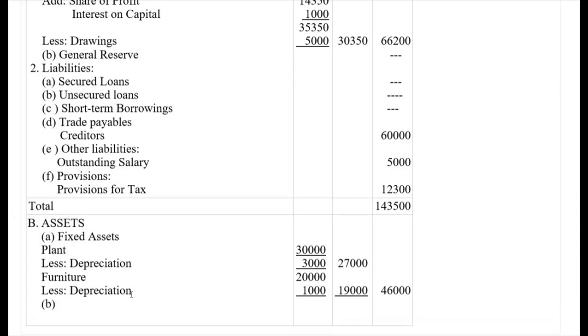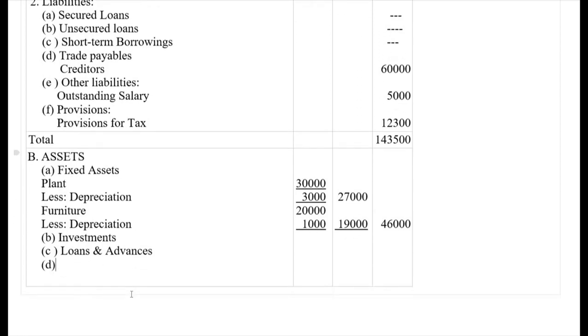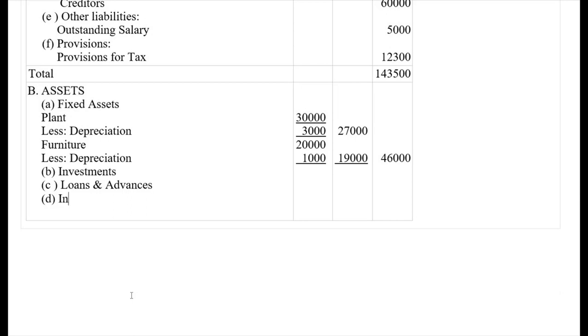here investments. Of course in the problem we are not given any investments here. Then loans and advances, we are not given any loans and advances here. Then D, inventories, under this closing stock.